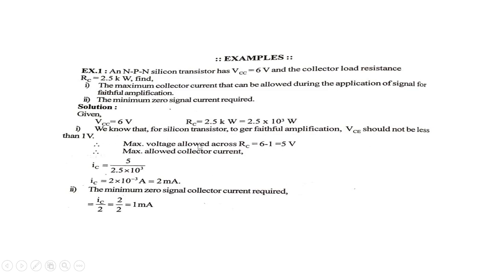Therefore, maximum voltage allowed across RC equal to 6 minus 1 equal to 5 volt, and therefore maximum allowed collector current IC equal to 5 upon 2.5 into 10 raised to 3. Therefore IC equal to 2 into 10 raised to minus 3 ampere, that is equal to 2 milliampere. Now the minimum zero signal collector current required is IC upon 2 equal to 2 upon 2 equal to 1 milliampere.